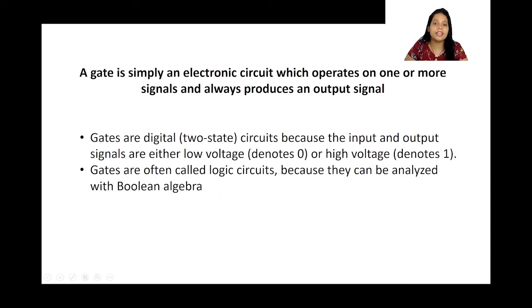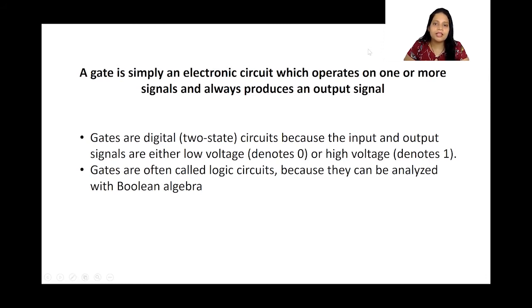Now, why is this gate required? We have learned all this Boolean algebra in the previous lesson, isn't it? We are going to use these gates in order to build a circuit to perform certain operations. So in the coming sessions, we are going to learn how to draw these diagrams.